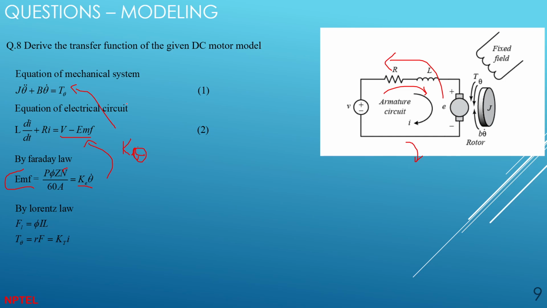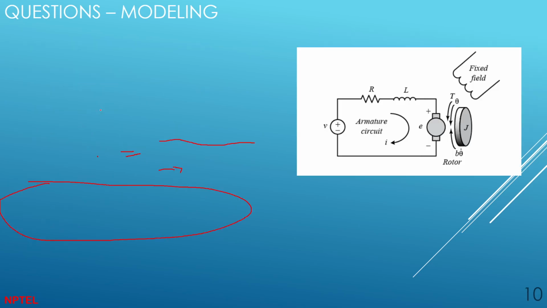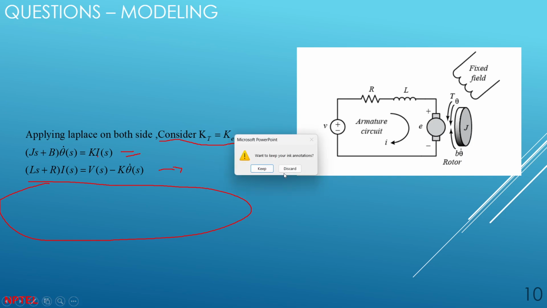And there is something called the Lorentz law. The Lorentz law, which you have also heard of, says F is equal to phi, the magnetic field, times L, the length of the vector. When you connect it to torque, which is R into F, the torque is converted into a current here. You just need to go through this. Put the torque here, and when you put it all over here, you'll get something like this.